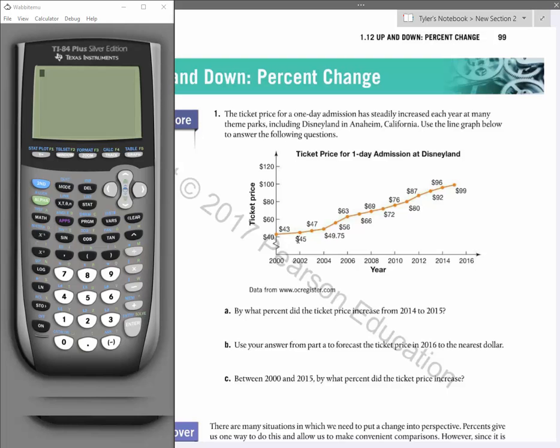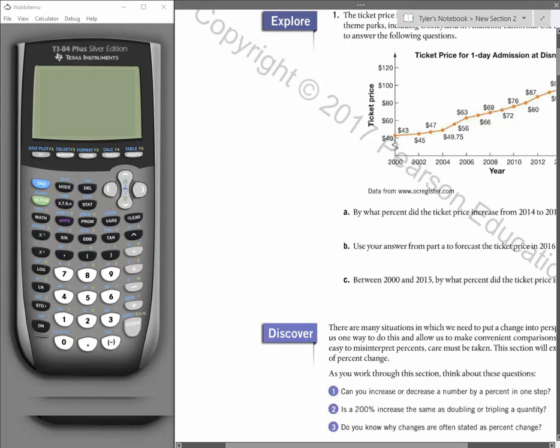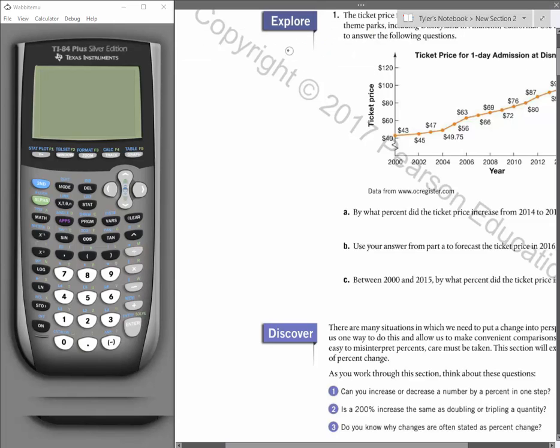If you forget how to calculate percent change, let me write the equation here on the screen. Percent change can be found by taking the final value minus the initial value and then dividing that by the initial value.